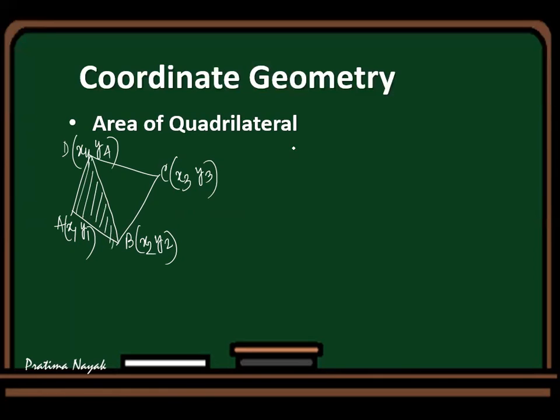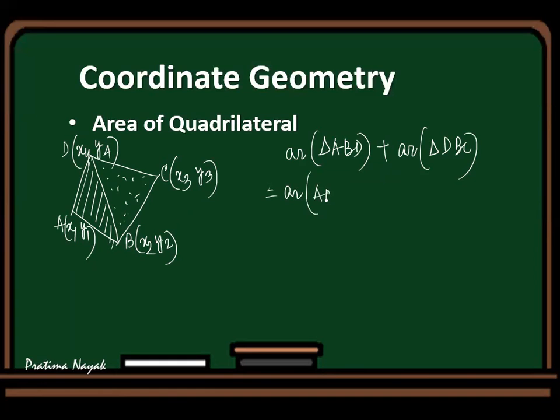First you can find the area of triangle ABD, taking x1, y1, x2, y2 and x4, y4, plus area of triangle DBC. You can get both the areas, take the sum, and you will find the area of the quadrilateral ABCD.